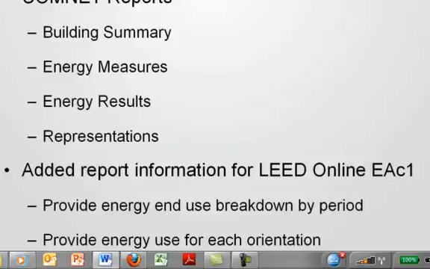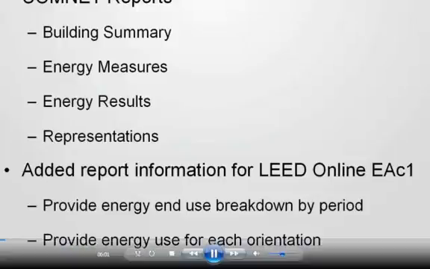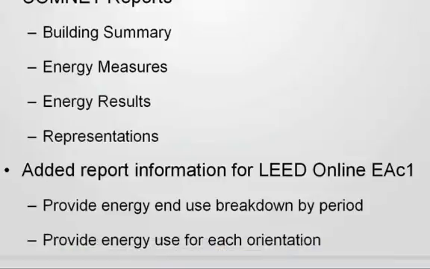So all of the information that's required for LEED Online we've tried to capture in these reports so that they could be used for LEED reporting, both for complying with the prerequisites as well as demonstrating that a certain number of points or credits have been achieved per percent better than the minimum requirements.